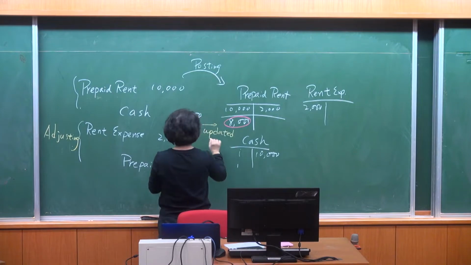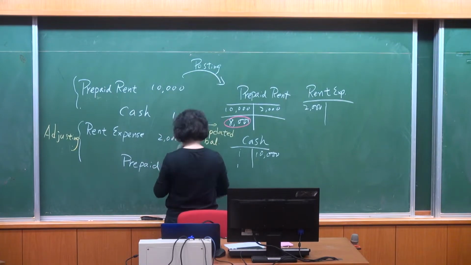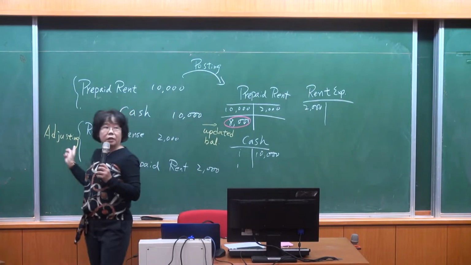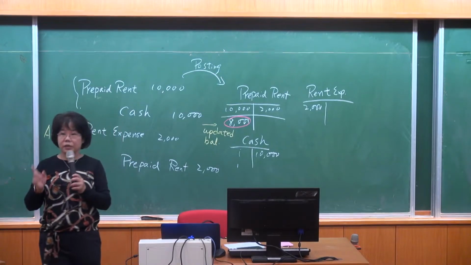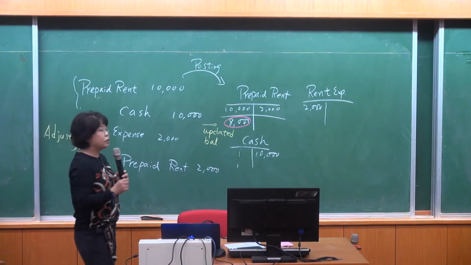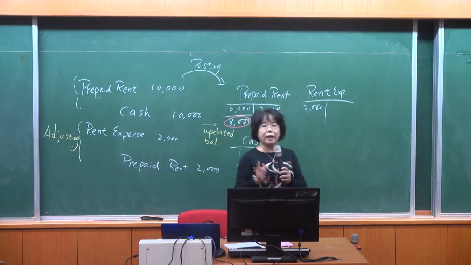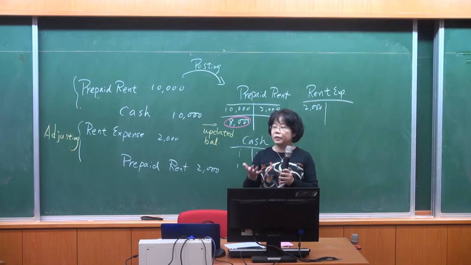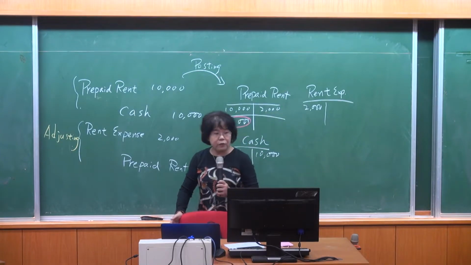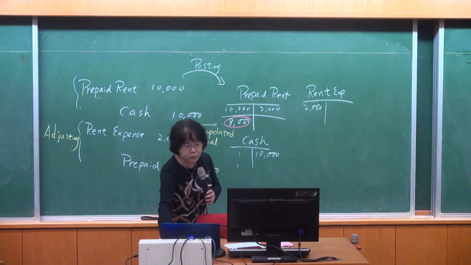The updated balance. So adjusting is very important. Adjusting entry is very important. So chapter 3 is about adjusting the account to its most updated balance. Okay, so this is what we are focusing on for chapter 3.